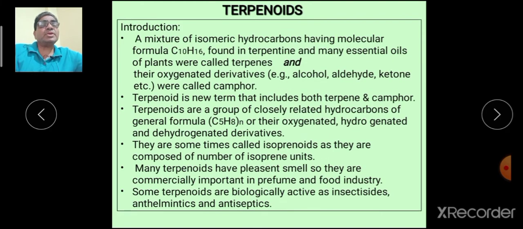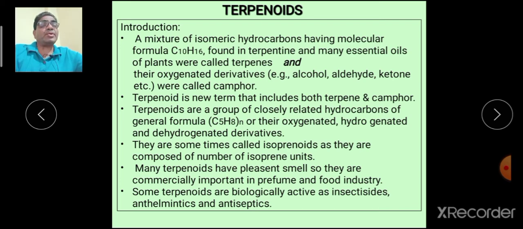Now, the first natural product we are going to study is the terpenoids. A mixture of isomeric hydrocarbons having molecular formula C10H16 found in turpentine and many essential oils of plants were called terpenes.